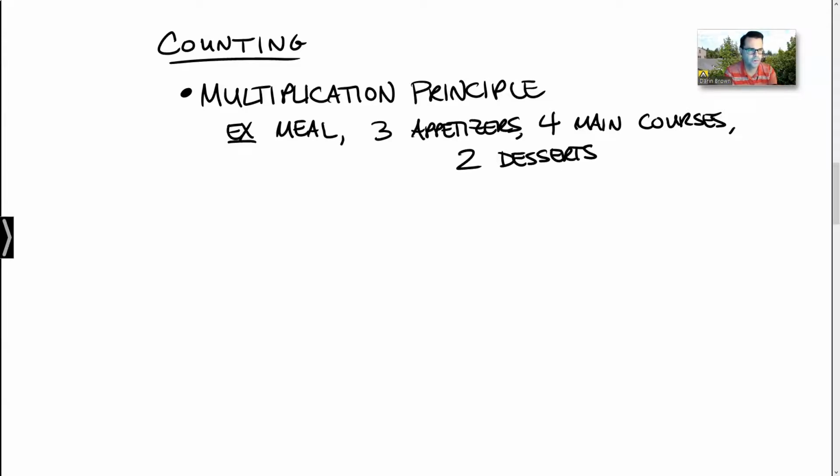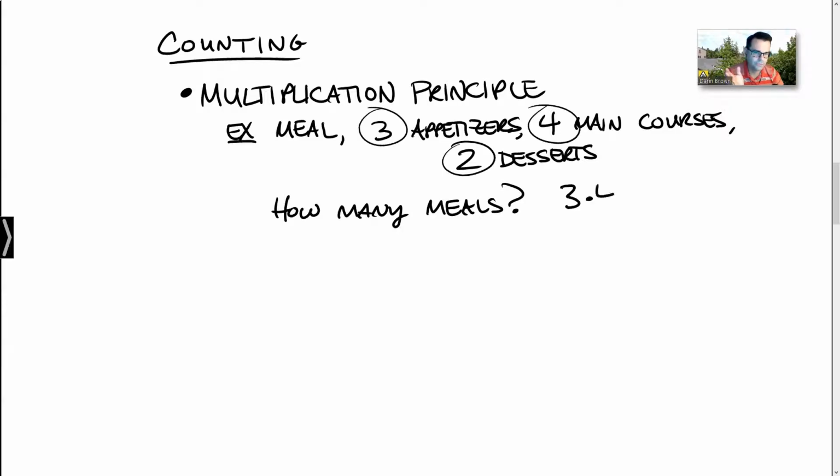So, if you have steak, you're allowed to have either of the 2 desserts. If you have calamari, you can have whatever else after that. It doesn't matter. How many meals are there? Well, multiplication principle says that's 3 times 4 times 2. So in this case, 24 possible meals.